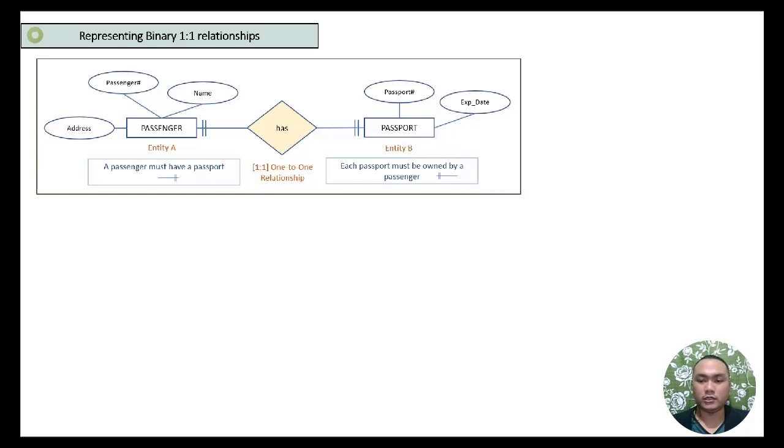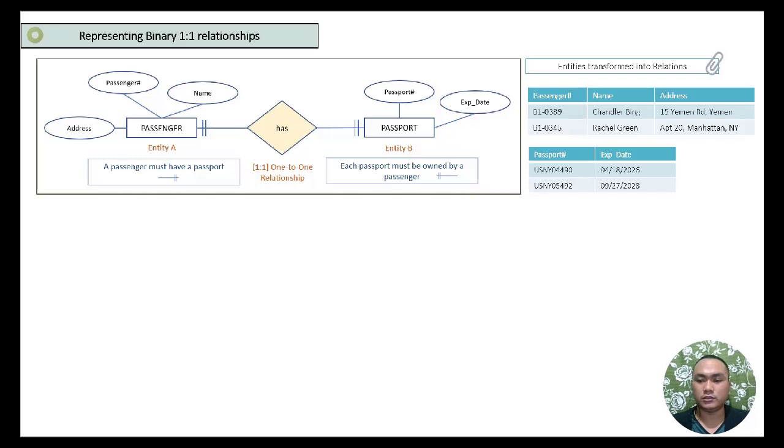In our sample ERD, we have two entities, passenger and passport, which have a one-to-one relationship. A passenger must have a passport and each passport must be owned by a passenger. If we transform the entities to relations, we'll get the following.